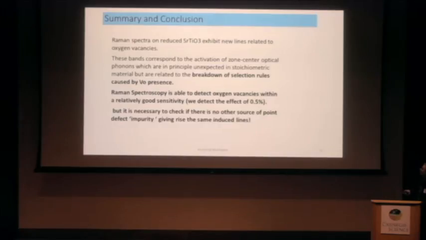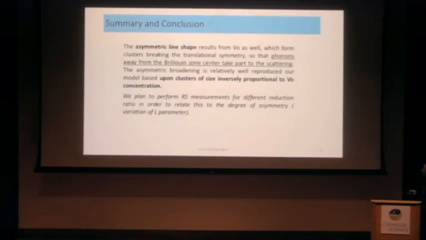But it's necessary to check that you have no other source of point defect or impurity, because this kind of defect can give rise to the same induced lines. And we have seen these oxygen vacancies by activation of phonons in the whole Brillouin zone, and not only at q equals 0.